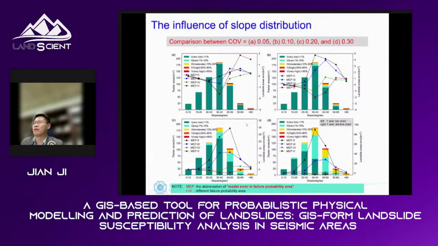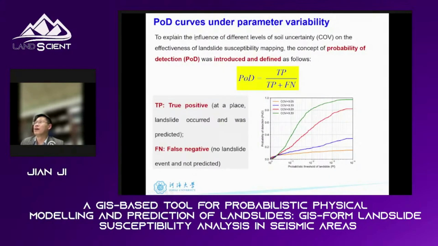It's interesting to point out that when you consider a higher coefficient of variation for the soil properties, which is around 0.3, we can produce very good consistent results between the predicted failure probability zoning and the observed true landslide events.